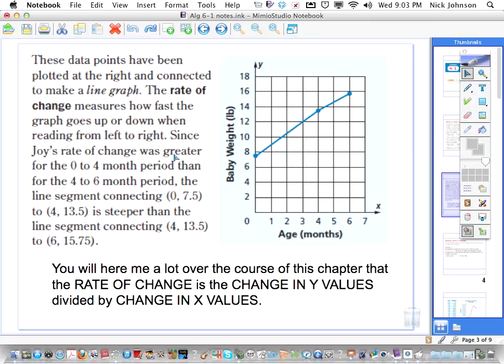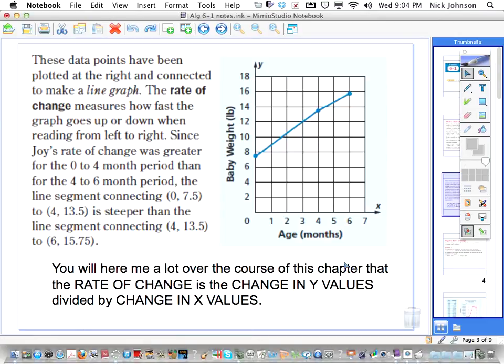Since Joy's rate of change was greater from the 0 to 4 month period, here's 0 to 4 month period, it has a steeper incline than from 4 to 6 months. If you look here, this is a greater slope than from 4 to 6 months. Why is that? Well, because she gained more weight each month here than she did from 4 to 6 months.